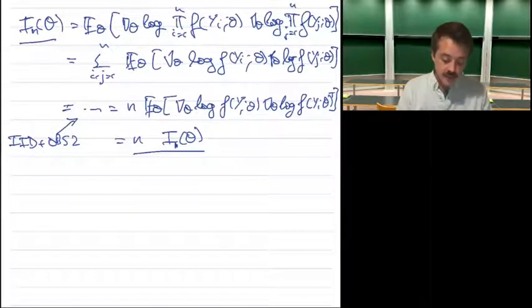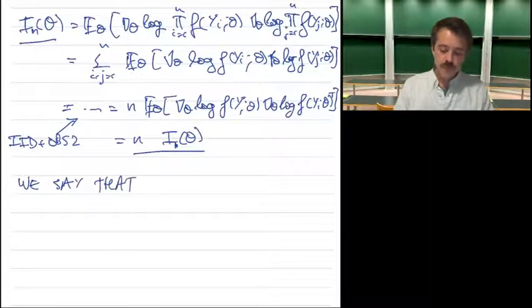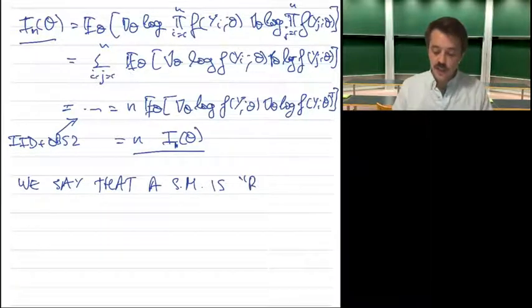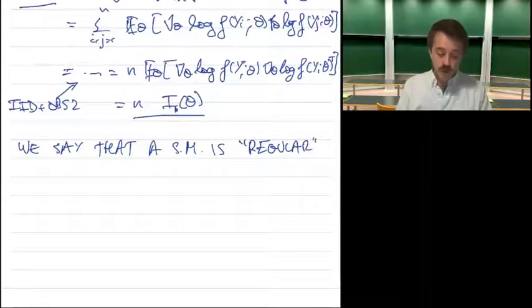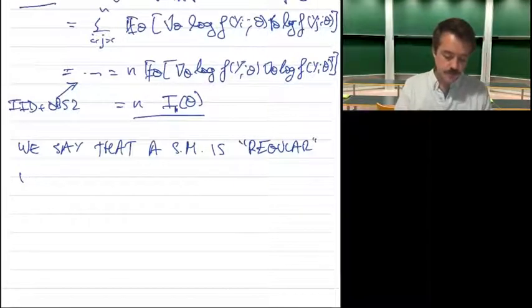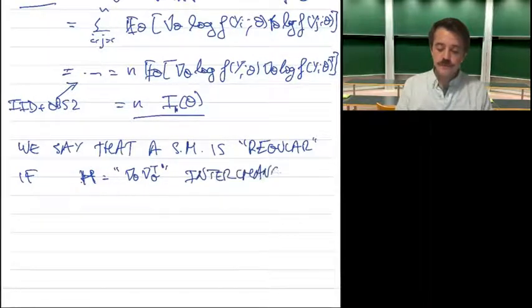Okay, so we say that a statistical model is regular, and this is not necessarily a totally mainstream definition, but it is a nice way of referring to it throughout the course, if the Hessian, the matrix of second derivatives, interchanges with the integral.